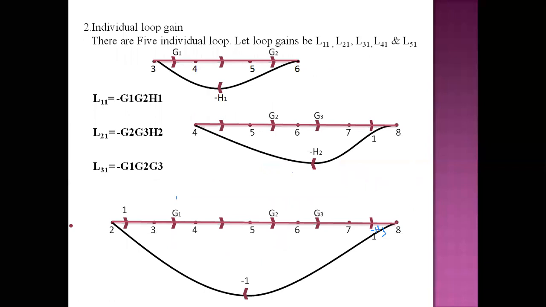So already we have found there are 5 individual loops. For the first loop, the loop gain is G1, G2, H1. And for the second loop, the loop gain is G2, G3, H2 minus. Then for the third loop, the loop gain is G1, G2, G3 into minus 1. So we'll get minus G1, G2, G3.